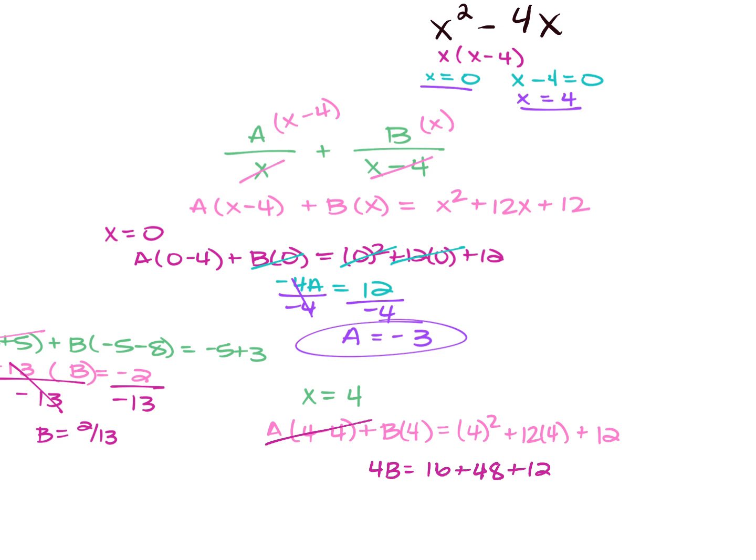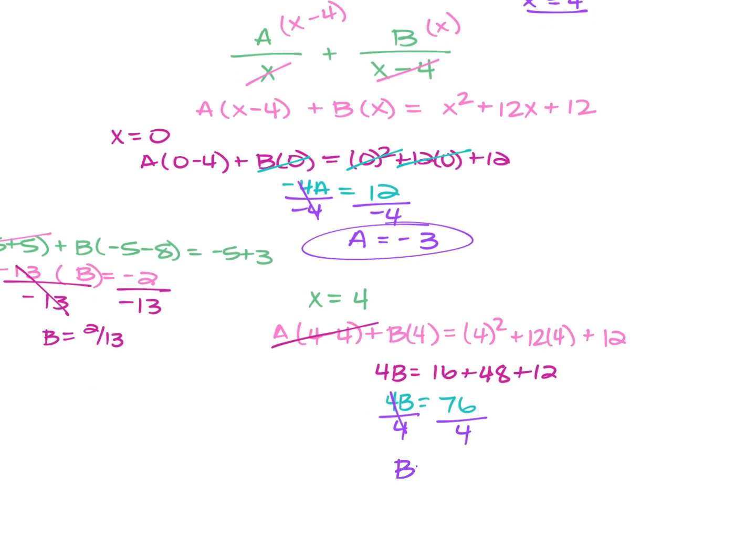The 16 plus 48 plus 12 gives us 76. So that's 4b is equal to 76. We're going to divide each side by the 4, and this gives us that b is equal to 19.